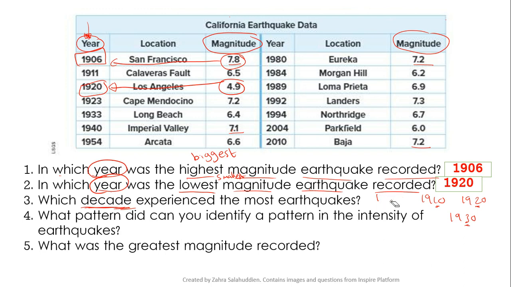If it is in 1910, like 6.5, that's in the decade 1910. So we are going to look for where we see repeating numbers in the tens place. Look at your tens place, and we're going to look for repeating numbers.